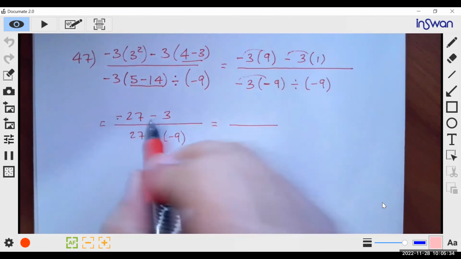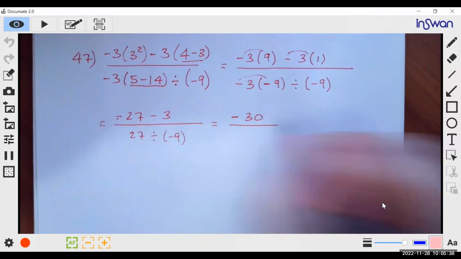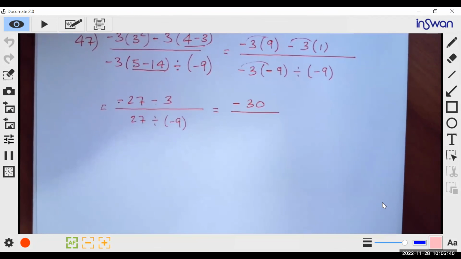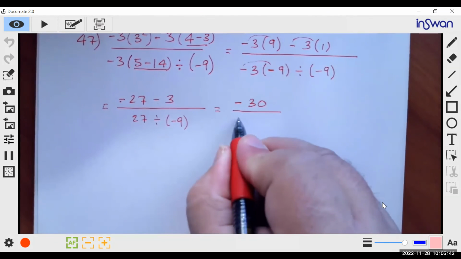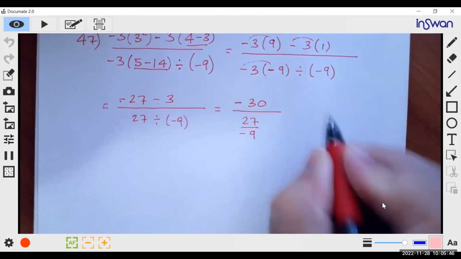On the top, they're both negative, so the answer is negative. 27 plus 3 is 30. And on the bottom, we have 27 divided by negative 9.